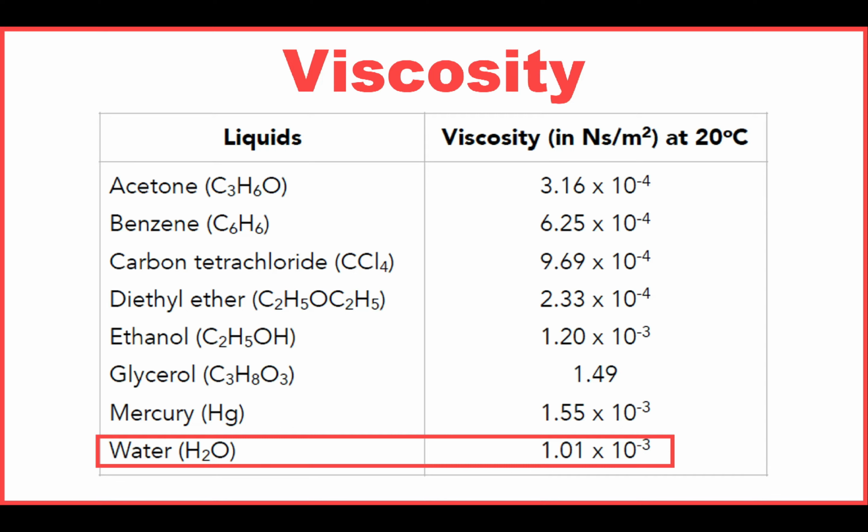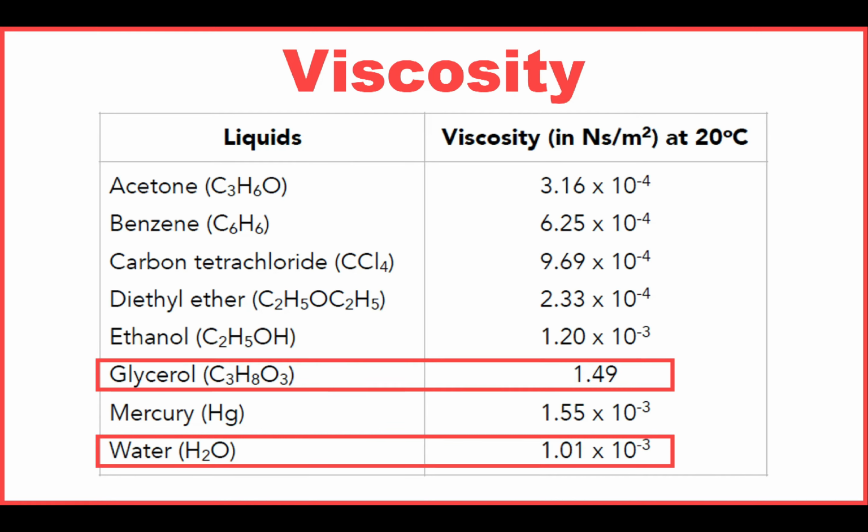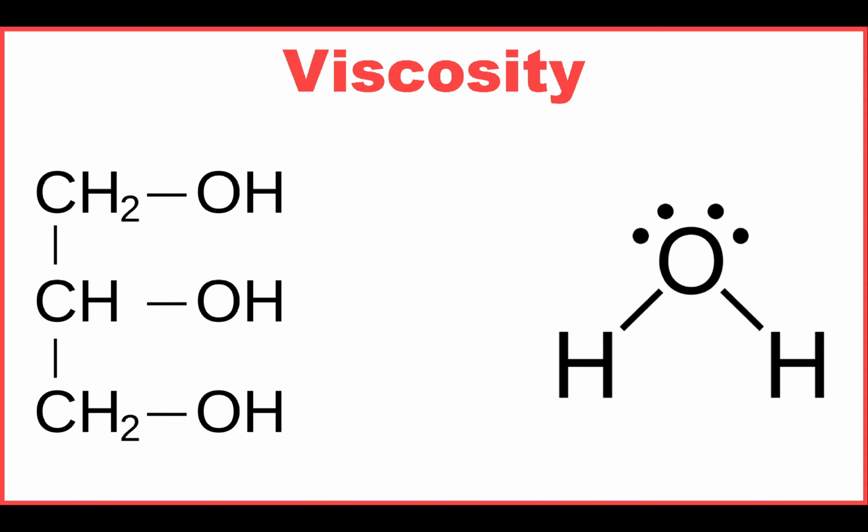Now, what I want you to focus on is glycerol. Glycerol has resistance to flow of more than 1,000 times greater than water. So the question is, why? Given the molecular structures of water and glycerol, we can tell why glycerol has a higher viscosity than water.